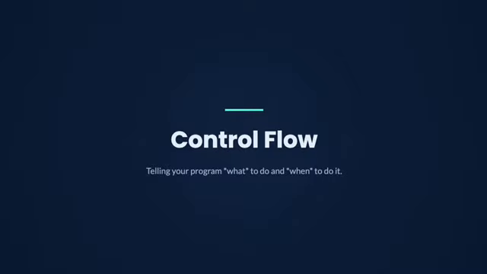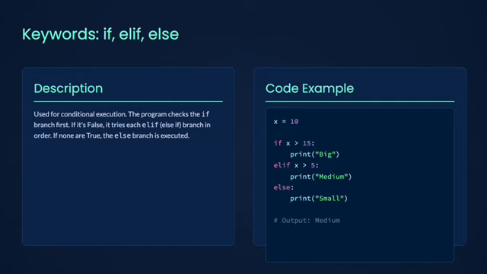So now that we have our logic, we can talk about control flow. This is just a fancy way of saying we are going to tell our program what to do and when to do it, instead of just running from top to bottom. The most common way to control the flow is with an if, elif, and else block. This is just like a decision in real life. Your code checks the if condition first. If it's true, it runs that block and skips all the rest.